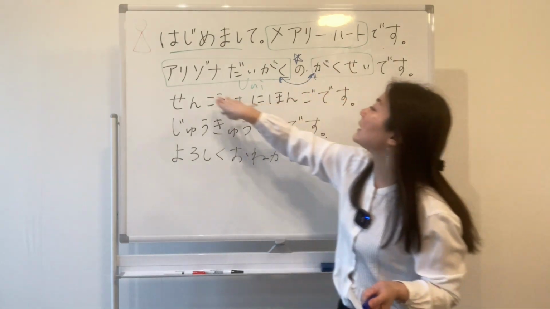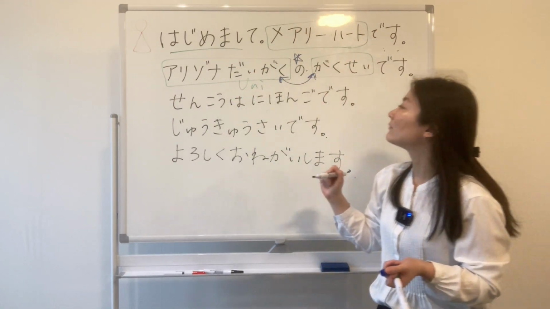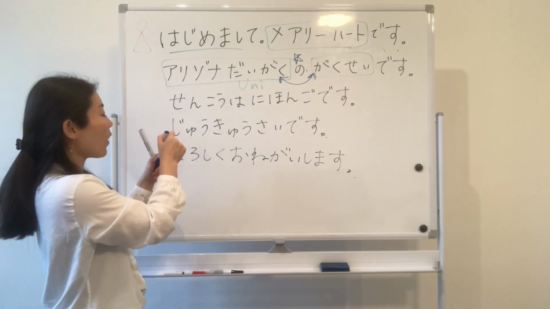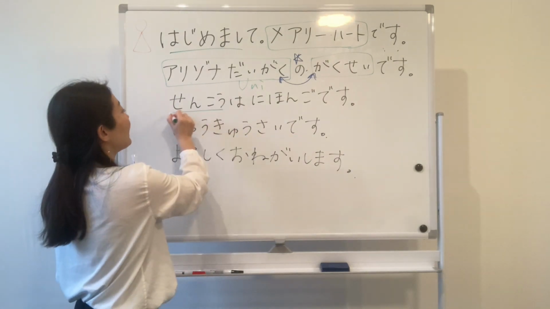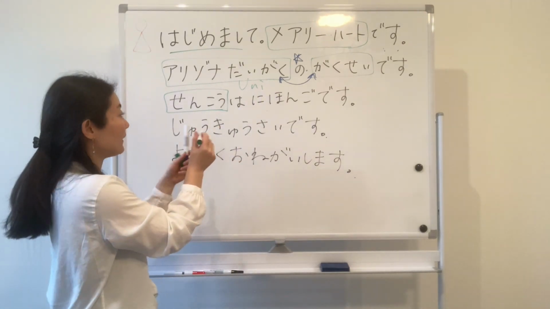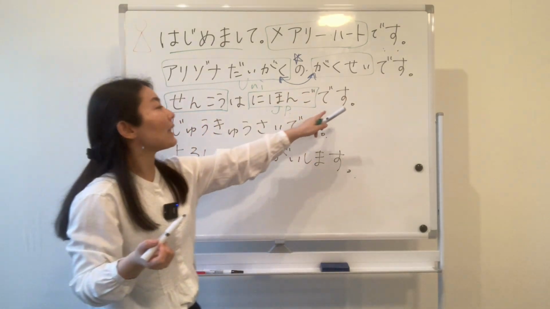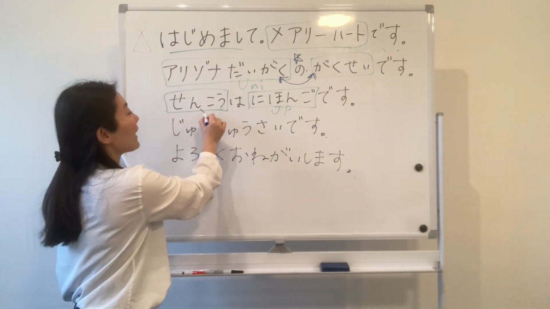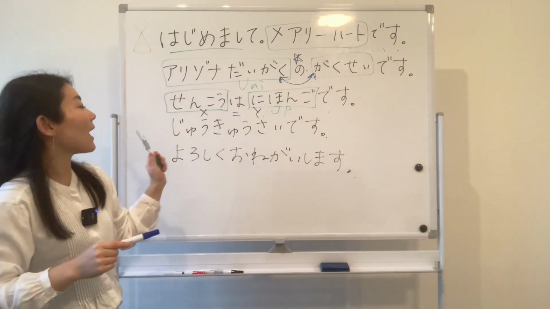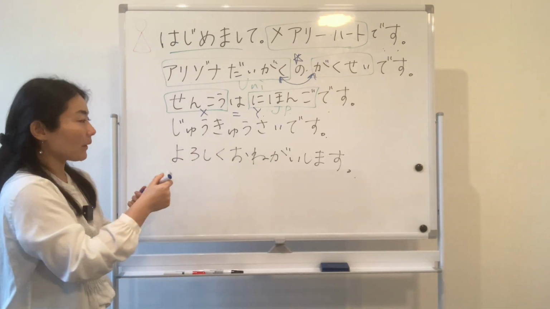So, we can consider this is the big noun, アリゾナ大学の学生です。Then 専攻は日本語です。専攻 means major. 日本語 means Japanese and です。This is x equal y.